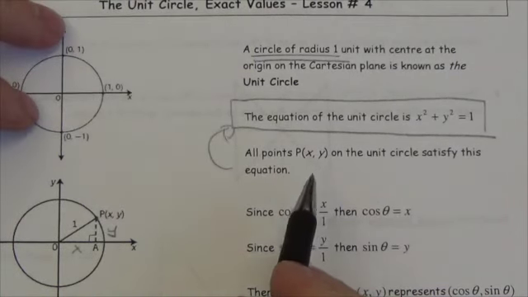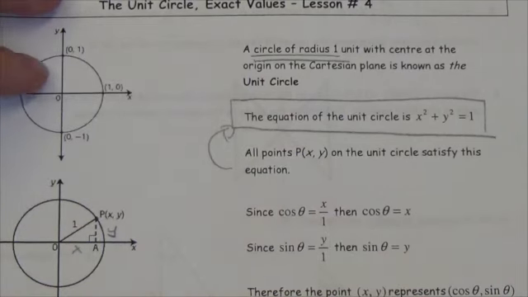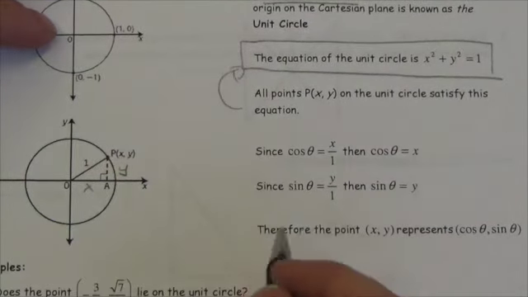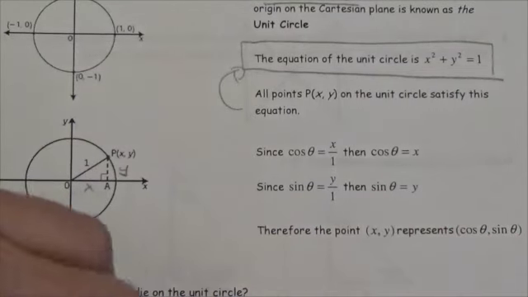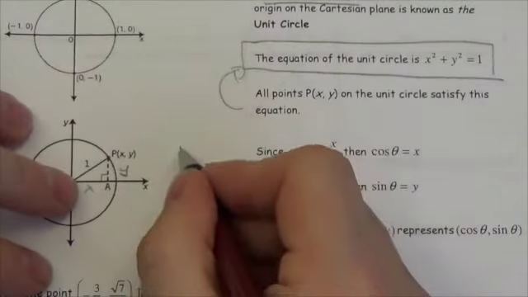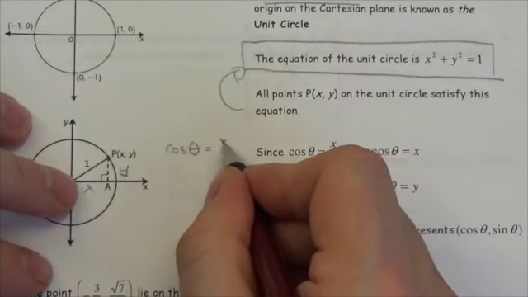Now, what's interesting about those points is that the radius is equal to 1. Think back to our definitions here, and I cannot overstate how important this is. When you think back to our definitions, remember that the cosine of theta was x over r.